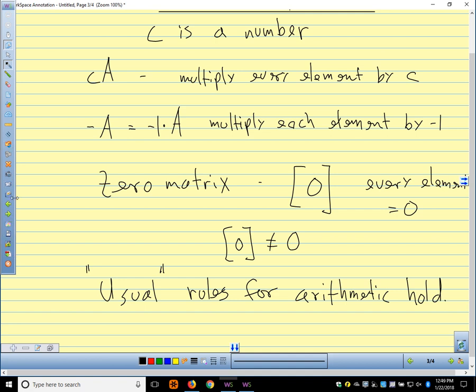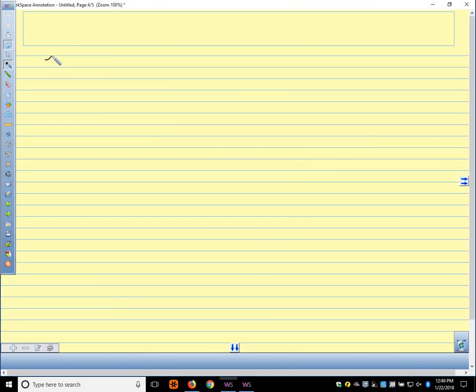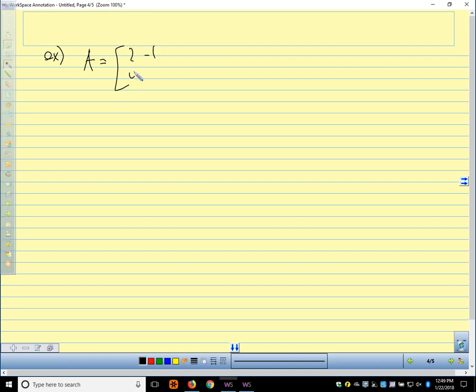So for example, let's say that A is the matrix 2, -1, 4, 3, and B is the matrix -3, -6, 5, 1, and X is a matrix.